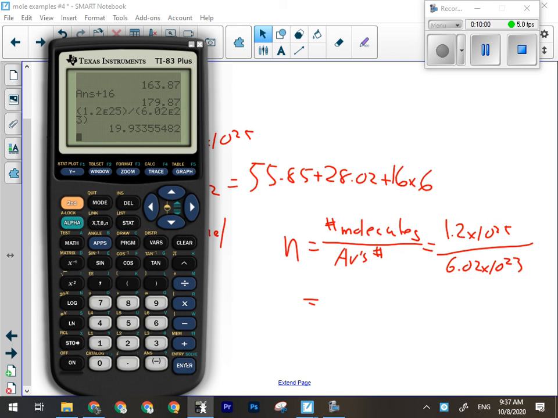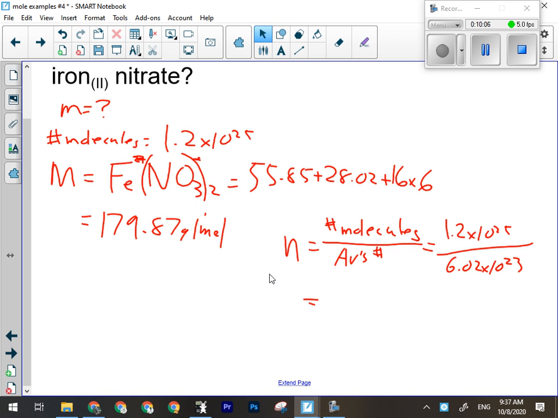Okay, so we're looking at 19.9 moles. Okay, we'll keep all of our decimals, but I'm only going to write that many. Okay, now that I know the number of moles, now I can calculate mass. Mass will be number of moles times the molar mass, because we just manipulate, right?